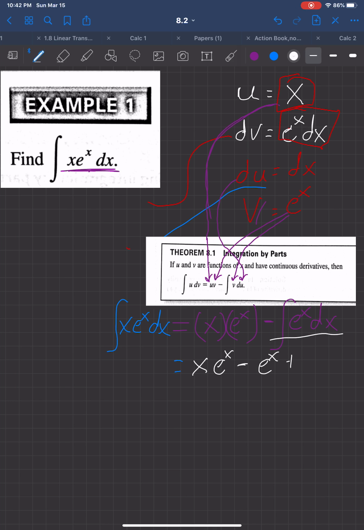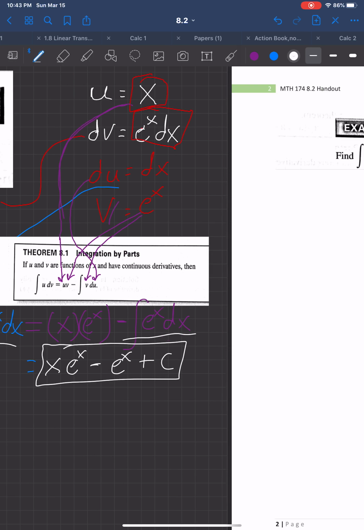So as long as you remember to put plus c here, everything is good. So what is the integral of x times e to the x with respect to x? Well, there it is. You got it. All right, so that is the setup. That is the integration by parts technique.